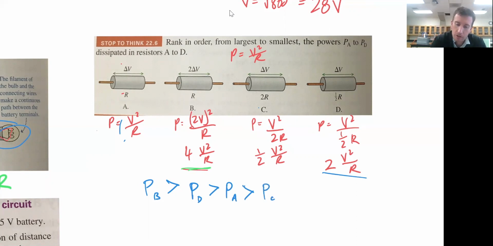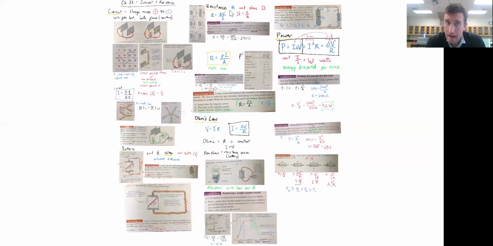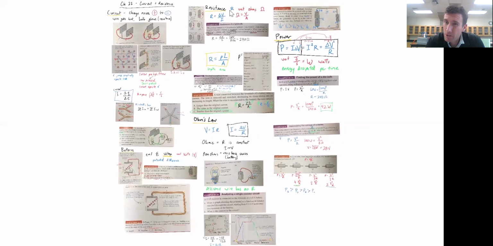Okay, so that takes us to the end of power, Ohm's law, current, resistance, and voltage, or potential difference. If this is still feeling a little bit new and fuzzy to you, I'm also going to post my intro to circuits notes, and we'll talk about what each of these things actually means and kind of define it and go through how it's used.